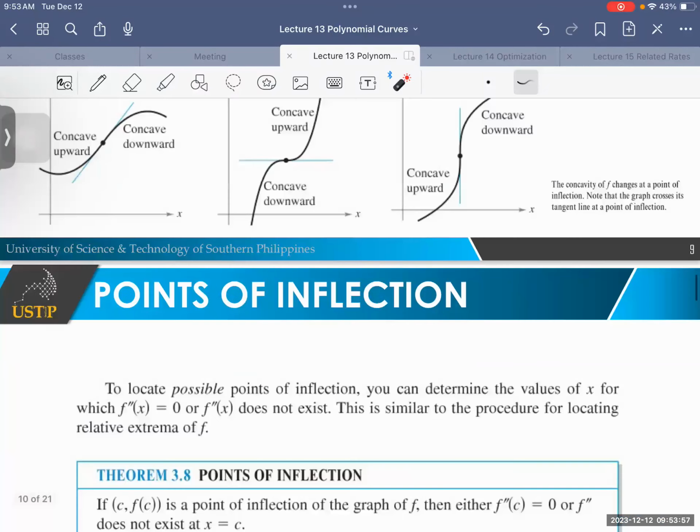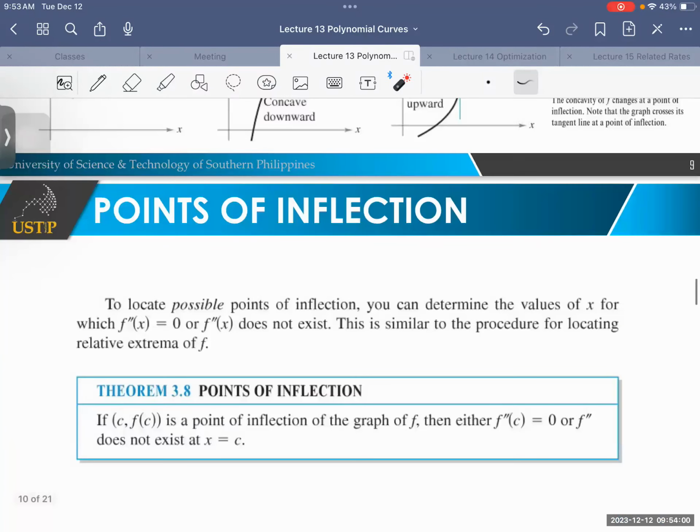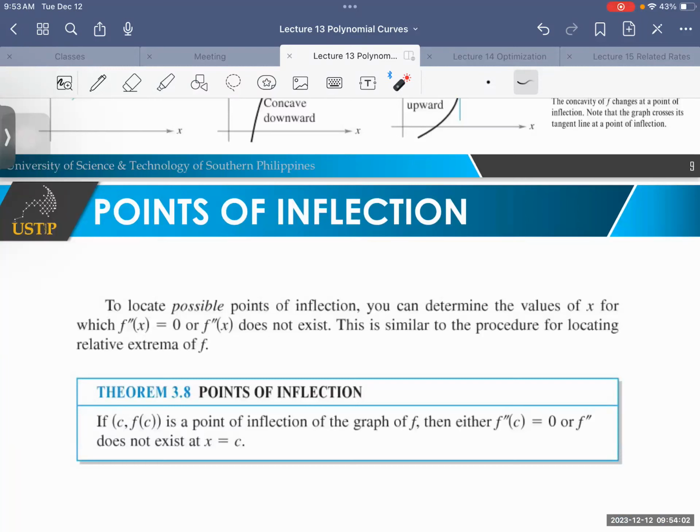Okay. Again, ato na na-solve ganina to locate possible points of inflection. Now, we know siya possible points of inflection. It's because class, same ra siya sa ideas sa imong critical numbers. Yung critical numbers are not necessarily the relative extrema, di ba? These are the points sa imong graph na possible nga relative extrema nimo.